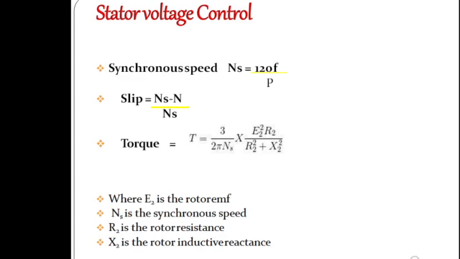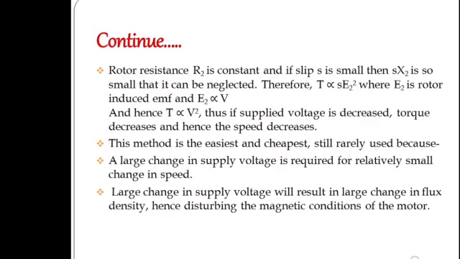If you want to calculate the torque, you can go for T equal to 3 by 2 pi Ns into E2 square R2 by (R2 square plus S square X2 square), where E2 is the rotor EMF, Ns is the synchronous speed mentioned in the first formula, R2 is the rotor resistance and X2 is the rotor inductive reactance. Those are the formulas which we will be discussing while solving the problems.